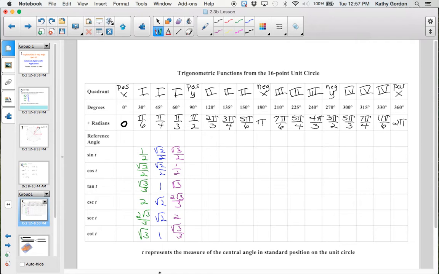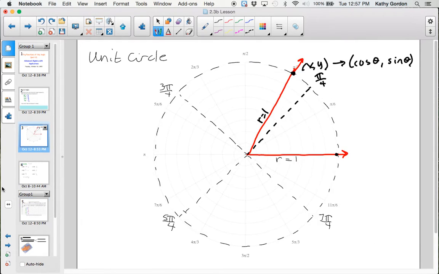Alright, so that's just pulling in what we already knew from what we did with right triangles. But now we need to expand on that. Now we need to build on that. So I want you to skip 90 degrees for just a second, and I want you to think about the 120 degrees, the 2pi/3. We go back to our circle here. 2 pi over 3 would be this angle right here.